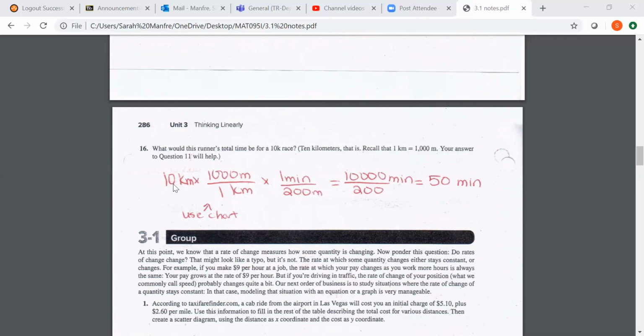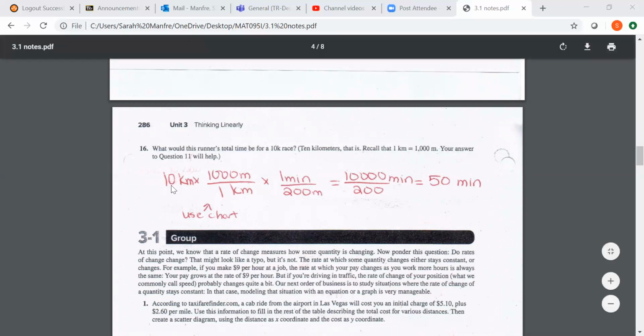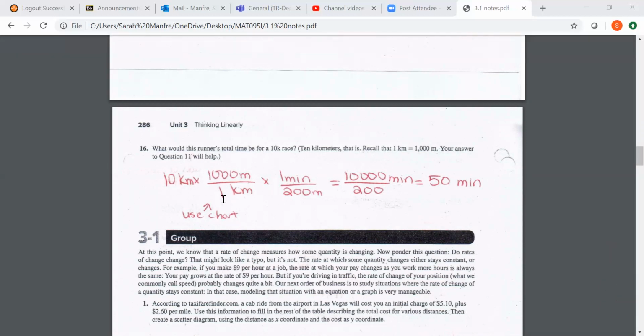So because 10 kilometers is on the top here, we had to put meters in the top and kilometers in the bottom for the first conversion. Now, because meters is in the top, I had to put 200 meters in the denominator, so we had to flip that rate, okay? Just be careful of that. And then I multiplied all the numerators across. 10 times 1,000 gave me 10,000, and 1 times 200 gave me 200. Divide the 2, and you get 50 minutes.